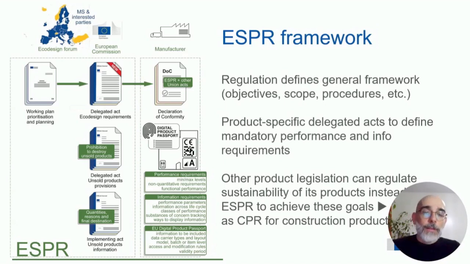So if the Eco-Design for Sustainable Products Regulation identifies a shortage in the construction products regulation, it can implement specific measures as regards these construction products. At the same time, if we identify safety issues related to the Eco-Design for Sustainable Products Regulation, the construction products regulation can act.